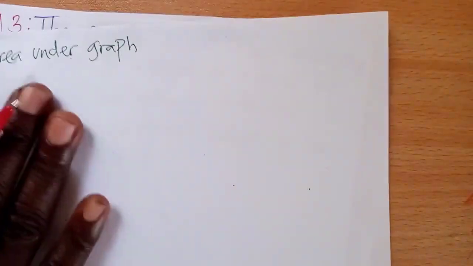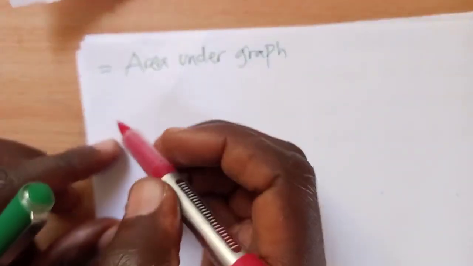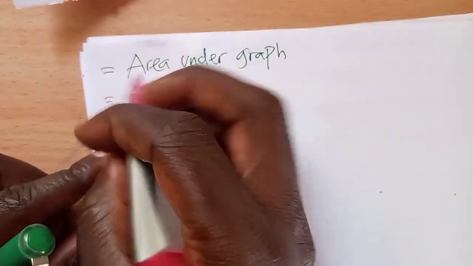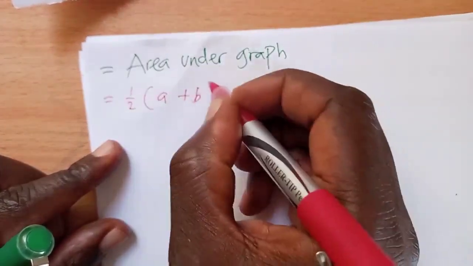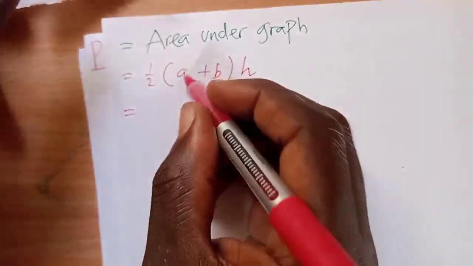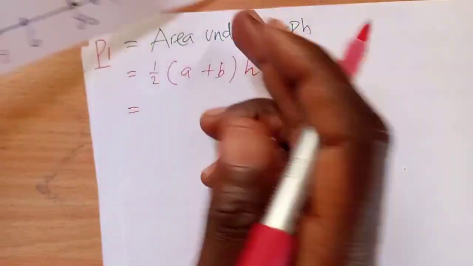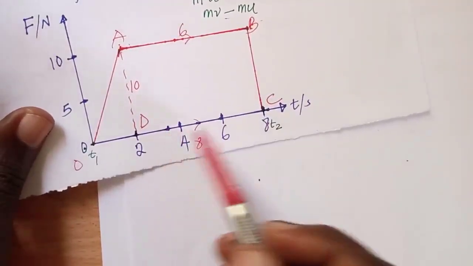To calculate, I will use the formula for the area of a trapezium, which is equal to half into (A plus B) multiplied by height. A and B are the parallel sides, meaning this side and this side.